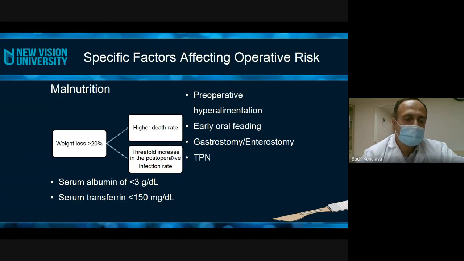Other measures to determine the malnutrition are serum albumin level and transferrin level.